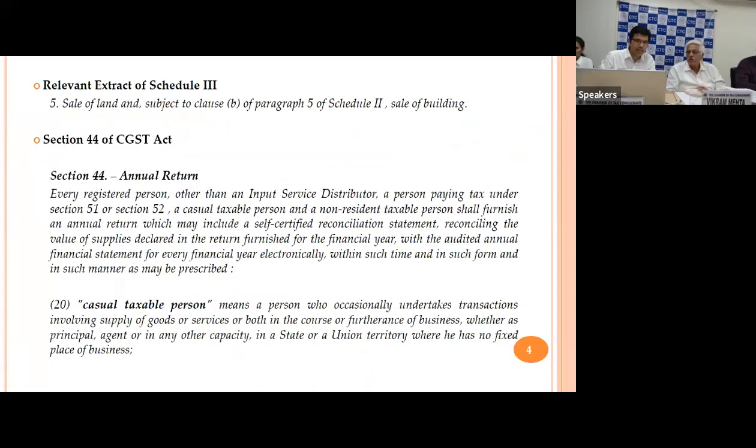And section 44, which applies to 9C, categorically says every registered person other than ISD, person paying tax under 51 or 52, or a casual taxable person. So basically for Rajasthan, the company need not file any 9C, but the turnover of Rajasthan will definitely be included while computing the 9C applicability for Maharashtra and Gujarat.